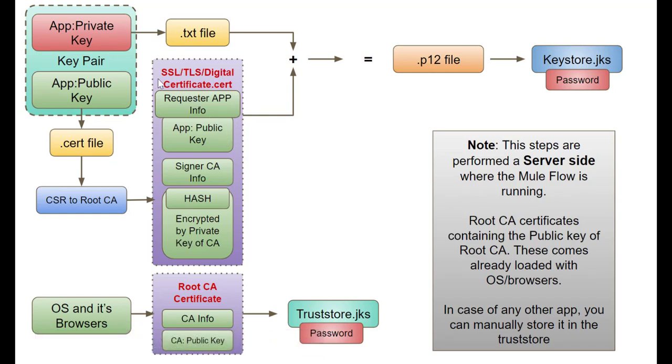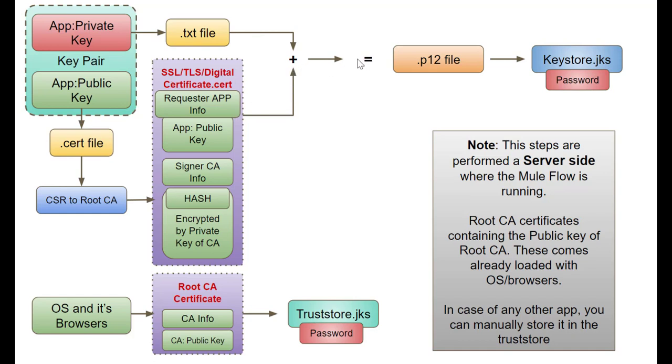As you can see, the SSL or TLS digital certificate from the root CA or the intermediate CA contains the requester app info, also the public key of that particular app, the signer CA info, that means who has signed this certificate, and also the hash value, which is encrypted using the private key of the certificate authority.